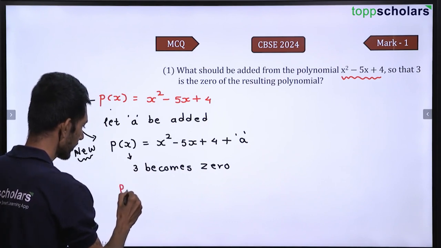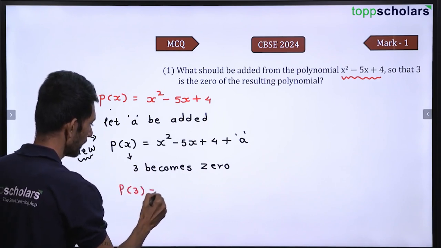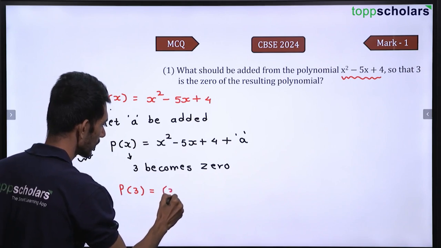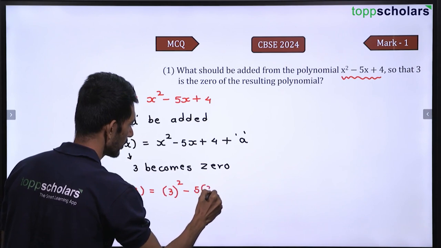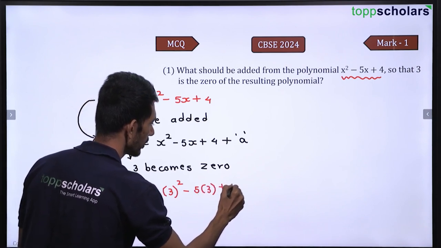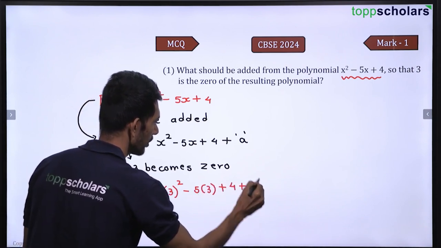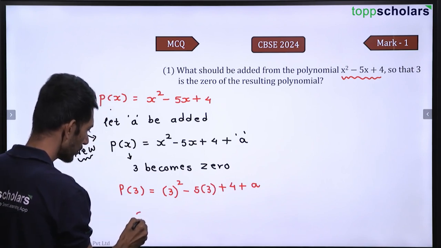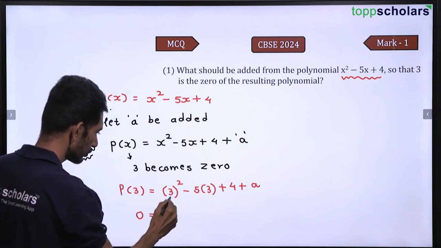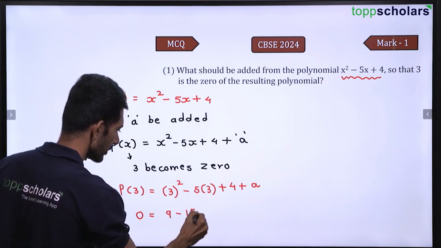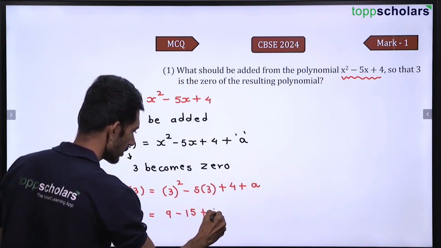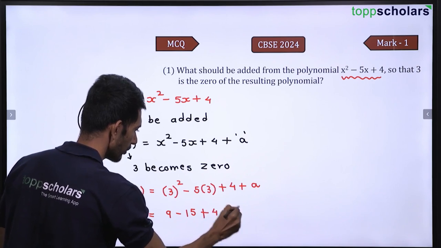So can I say p of 3 is equal to 3 square minus 5 into 3 plus 4 plus a. p of 3 is 0. So 0 is equal to 9 minus 15 plus 4 plus a.